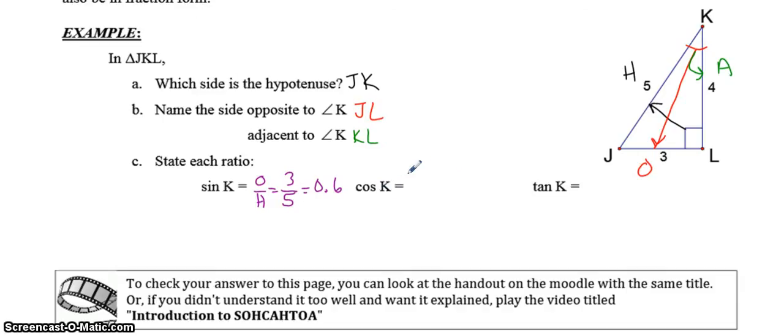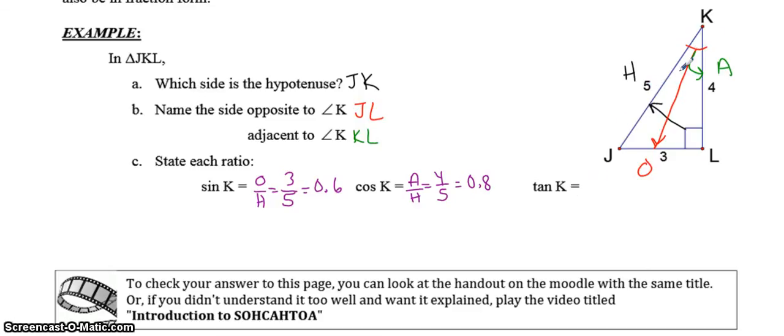Cos K is equal to the adjacent over the hypotenuse. So that is 4/5, so that is 0.8. So in this triangle, the adjacent side is 80% as big as the hypotenuse.